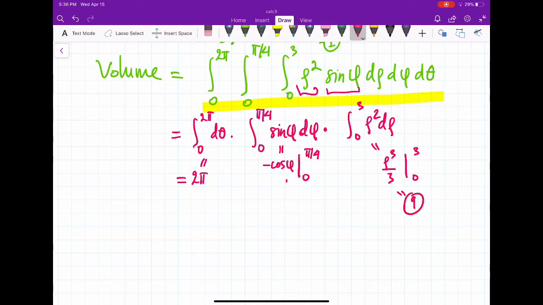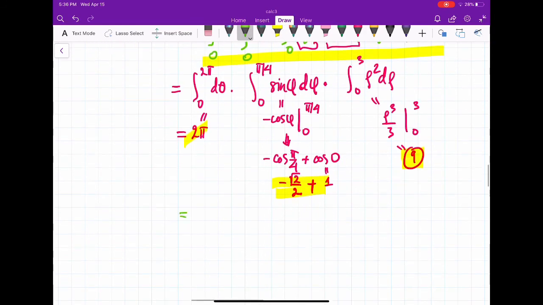And in here I have negative cosine of pi over 4 plus cosine of 0. This is 1. This is square root of 2 over 2, right? So I have three numbers, 2 pi, this, and 9. We need to multiply them. We have 2 pi times negative square root of 2 over 2 plus 1 times 9.